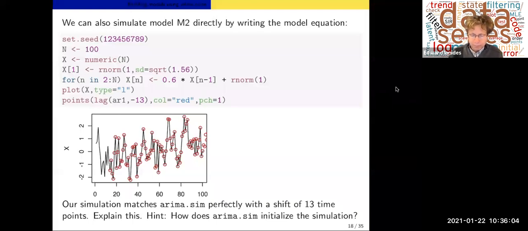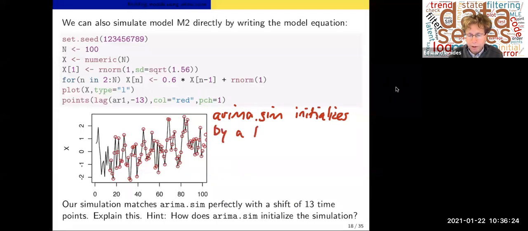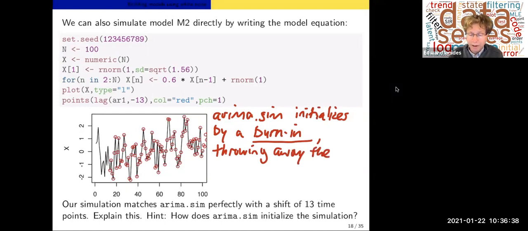Arima.sim initializes by what's called a burn-in, throwing away here the first 13 simulated time points.